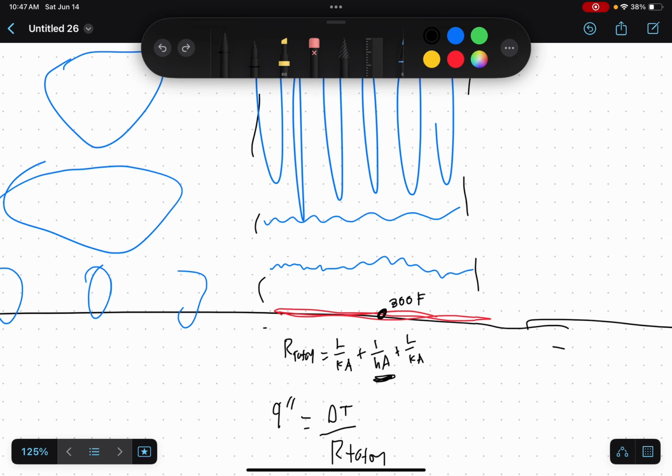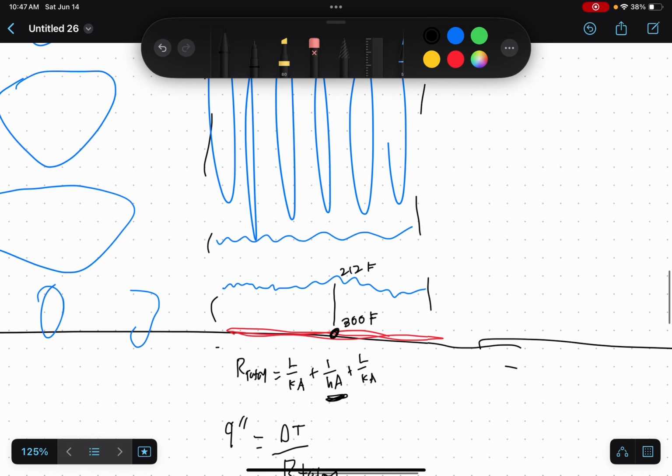There has to be a thermal gradient, so it'll go up to, let's say, 212, because the vapor layer will happen where the gradient is 212 Fahrenheit. And if you're farther down and you're at 400 Fahrenheit, the vapor layer will be thicker, but it'll still be 212 at the vapor surface.